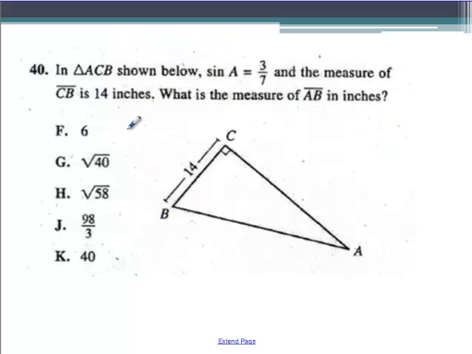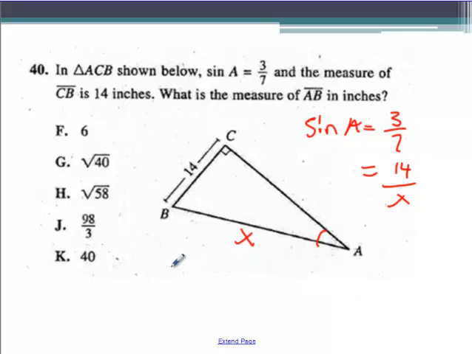Here's a problem that shows up on the ACT. The sine of A is 3/7. So here's A. We know that the sine of that is 3/7. And I want to find AB, which is my hypotenuse. If I know that the sine is 3/7, I also know that it's opposite over hypotenuse.